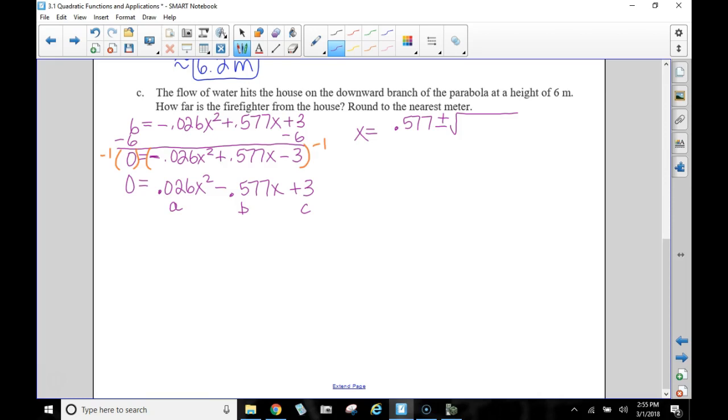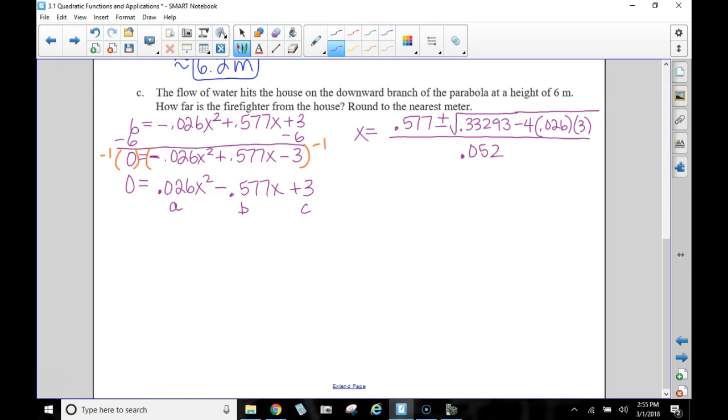Punch that into your calculator and you get, I'm looking at my notes, 0.33293, minus 4 times the A value of 0.026 times the C value of positive 3, all over 2 times A. Let me go ahead and double that, and that is 0.052. There's 2A.